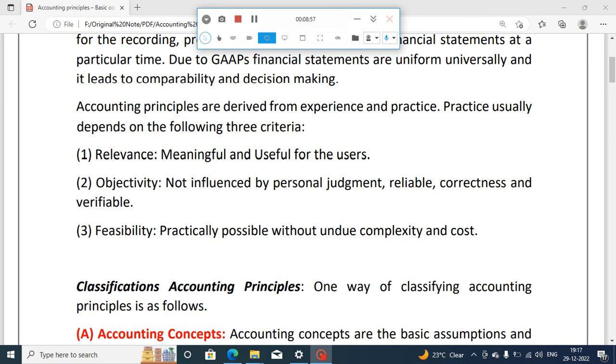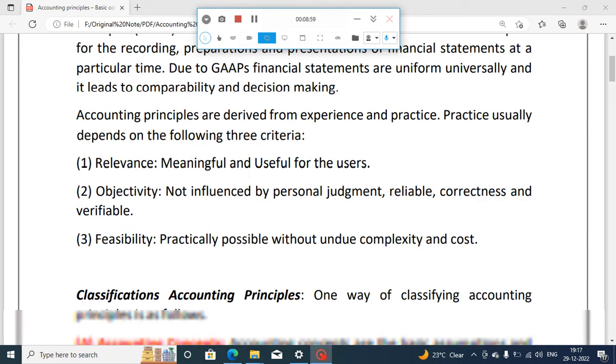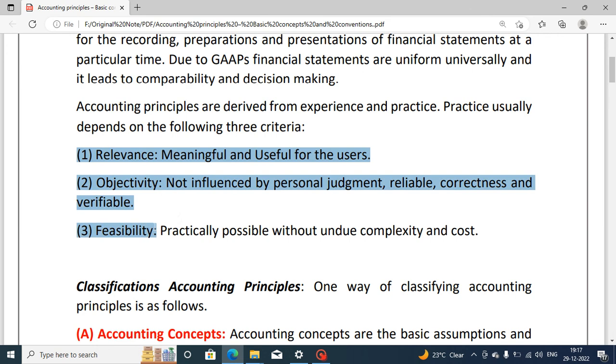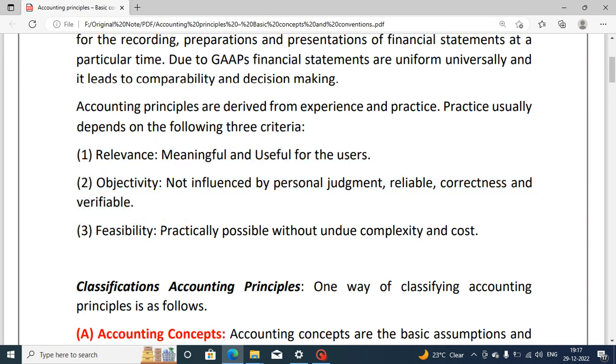So when we maintain these three qualities, if we follow the Generally Accepted Accounting Principles, we can attain these three qualities in our profession.